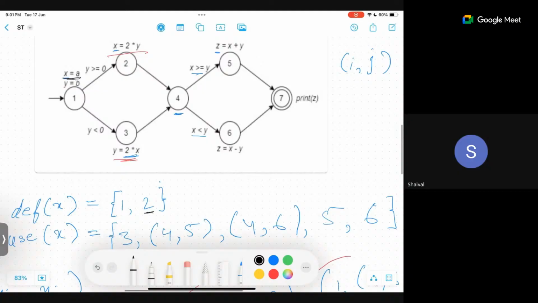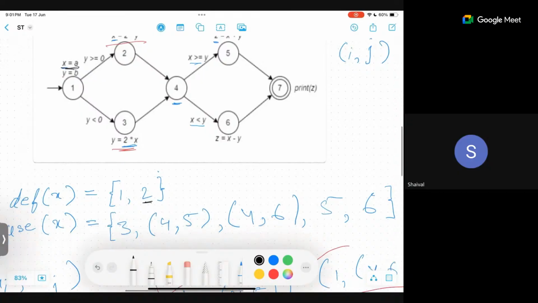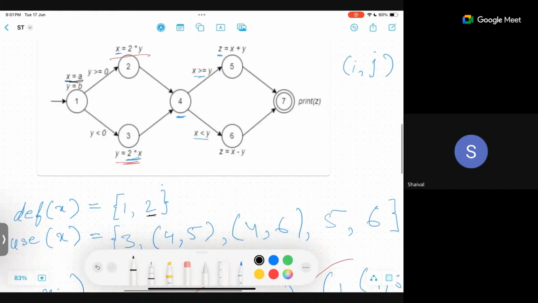As a pair, can we take 2 and 3, although they are not connected, or can we take only those pairs which are connected, directly or through intermediate paths? That makes sense. So far we've been only taking those which have a path, so that's also a good point. I think we can only take those which have a path.